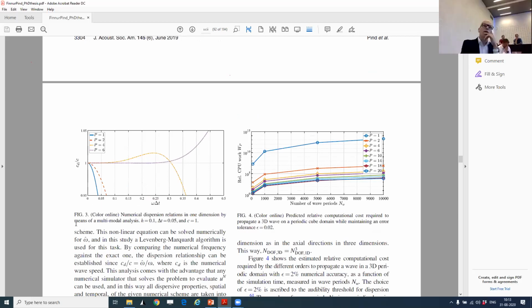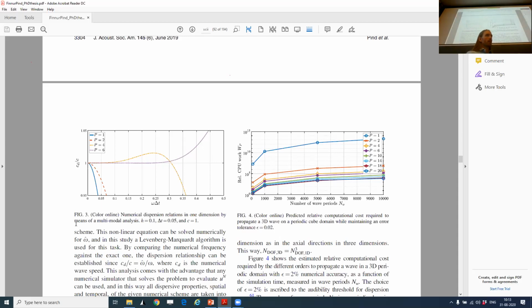But this is a one-dimensional calculation, and you say the same behavior will occur as in one dimension. But will the magnitude of the errors increase, and do you have an estimate of how much? I don't have a good feeling for how much, no, but I predict that the magnitudes of the errors will increase.